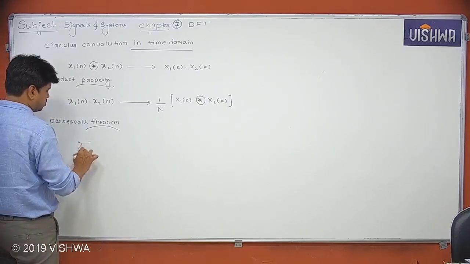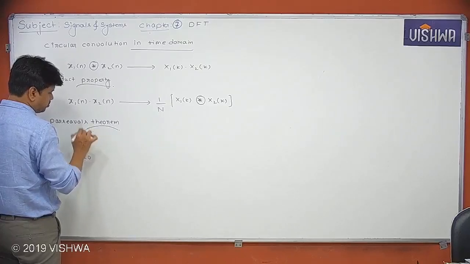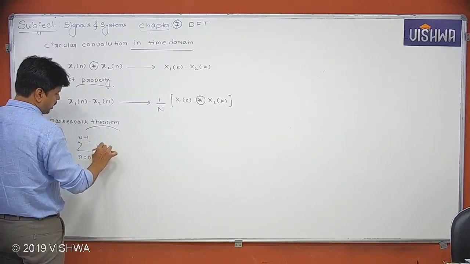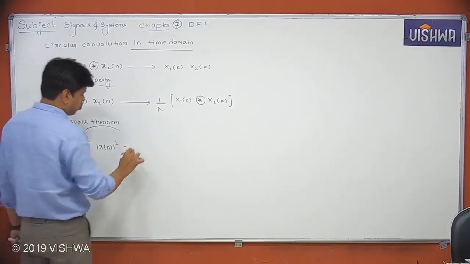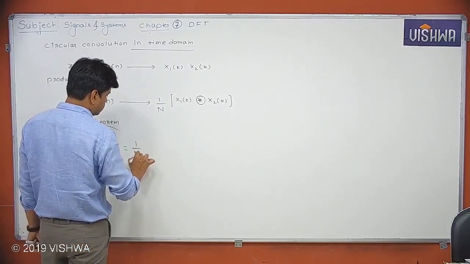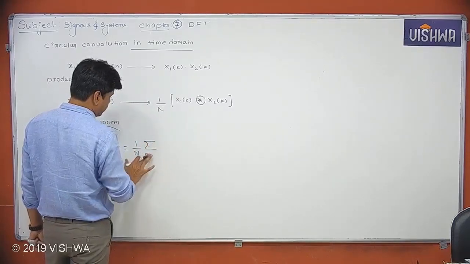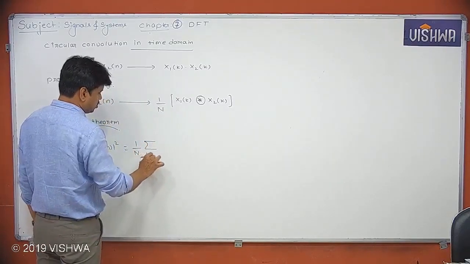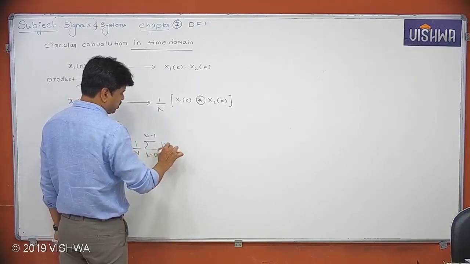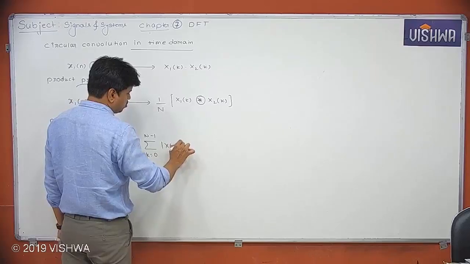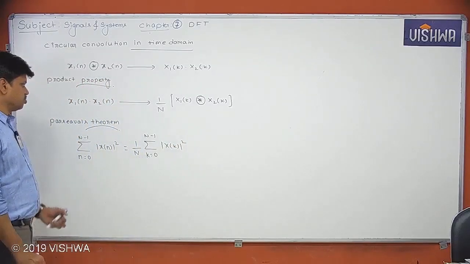Summation n is equal to 0 to N minus 1, mod x of n whole square, is equal to 1 by N summation k is equal to 0 to N minus 1, mod X of k whole square. So this is Parseval's theorem you have to remember.